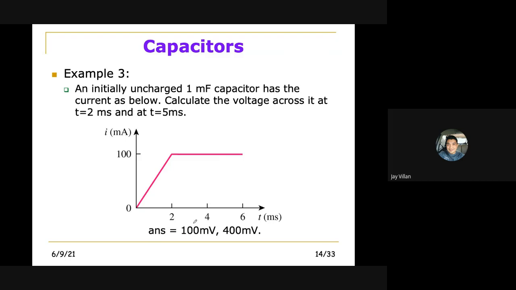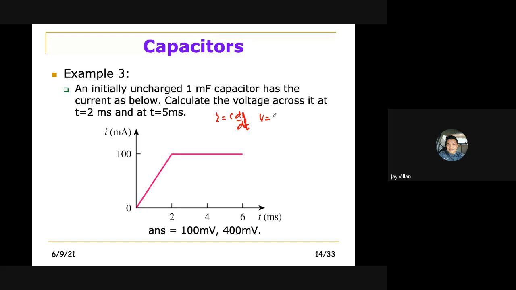Okay, so take note that your I is equals to C dv over dt. Okay, and your voltage is equals to how much?